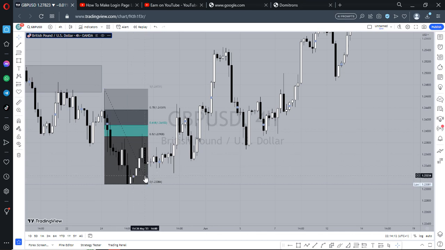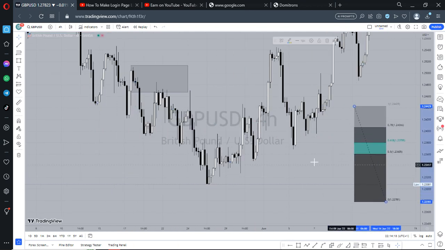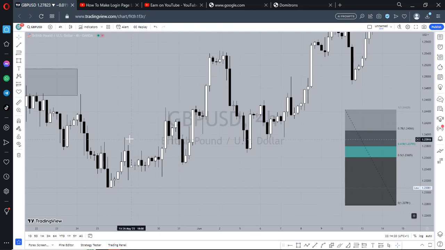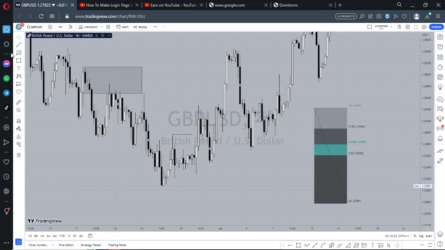But it did not break structure. So it now retraced backwards, and that was now where we have a structural shift. So we are now having a break, a change of character right here, and the confirmation was that we're having a shift in market structure.